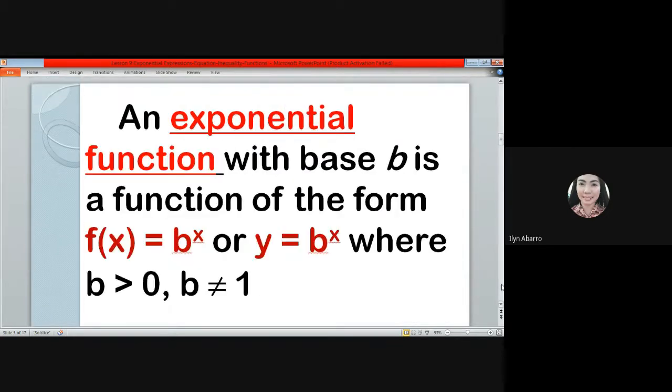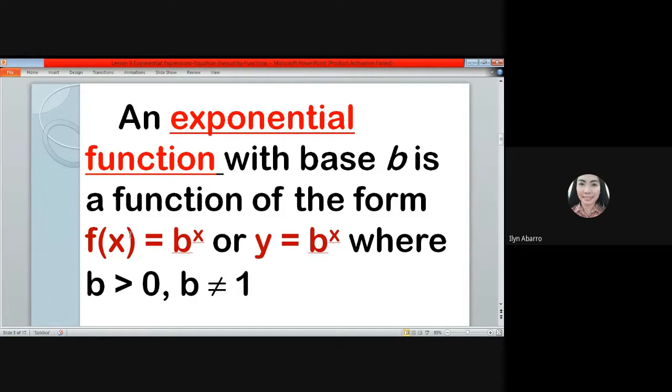Okay, next is exponential function. An exponential function with base b is a function of the form f of x is equal to b raised to x. We know that f of x is the range, and we can write the range as y and the domain as x.